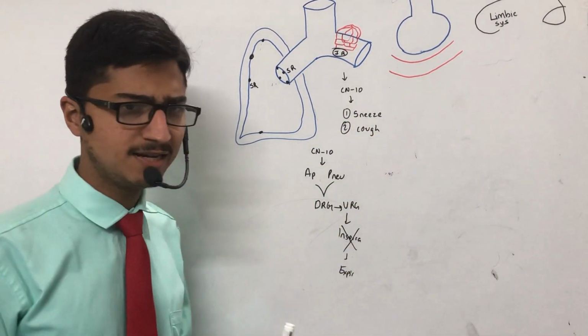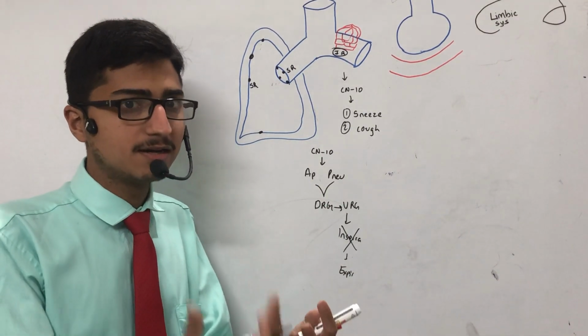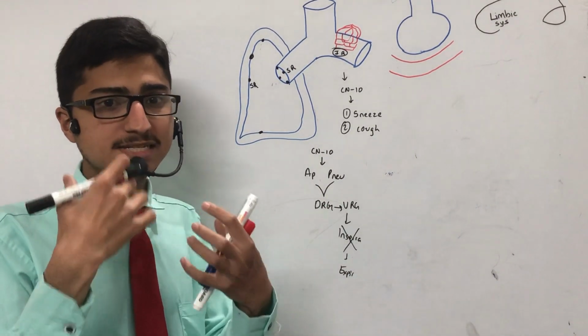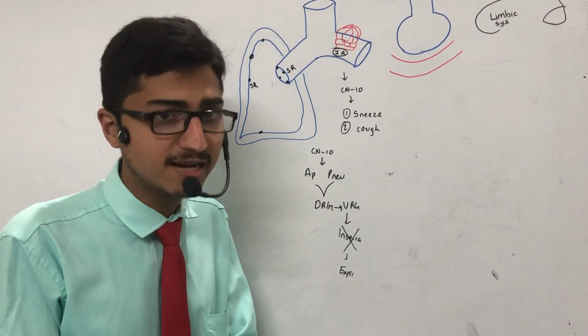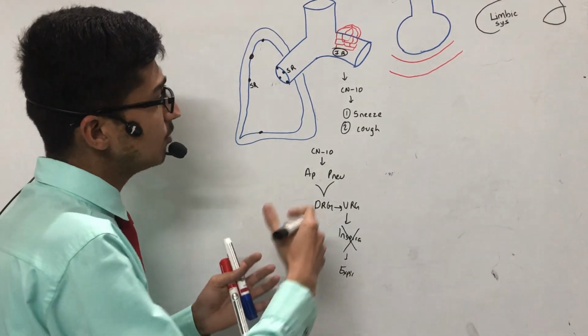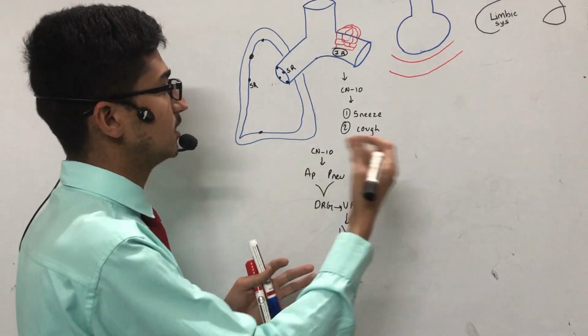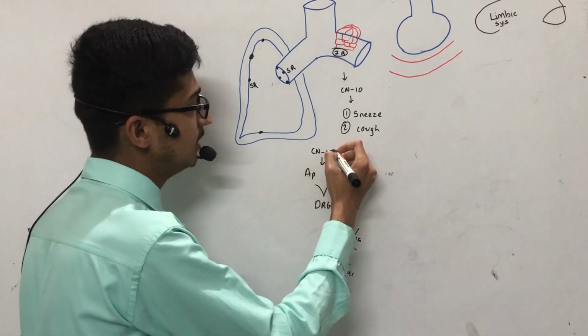What happens when an irritant comes in the respiratory system? It will be sneezed out, or if it goes inside the trachea, it will stimulate the irritant receptor and get coughed out. Before moving to certain other types of receptors, I want to underline something here.